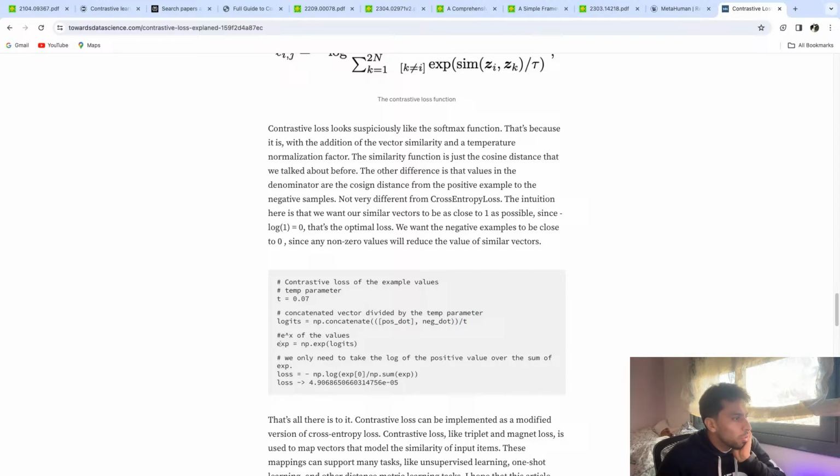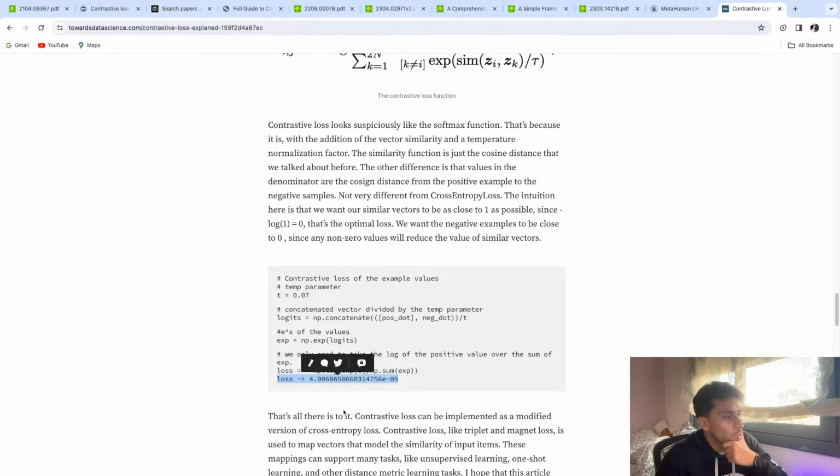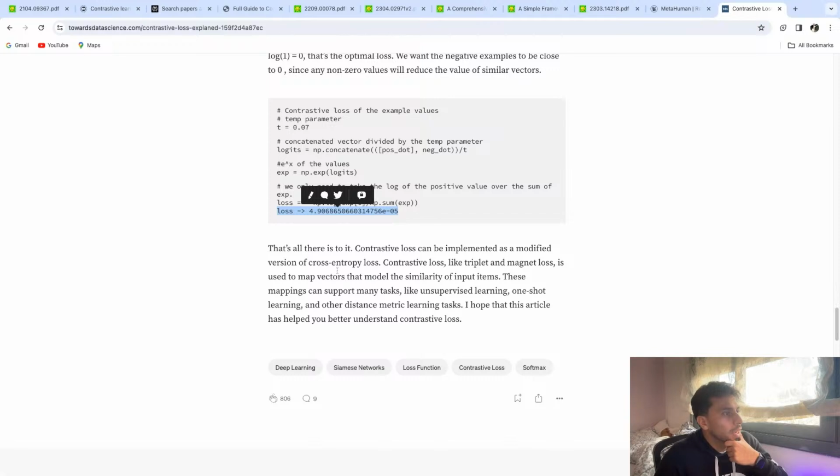Then we are going to put everything in exponential, and then we are using the log from the numpy library, the logarithm of the exponential of the first index of the vector divided by the sum of the exponentials. So with that, we are going to get the loss. Okay, that's all there is to it.